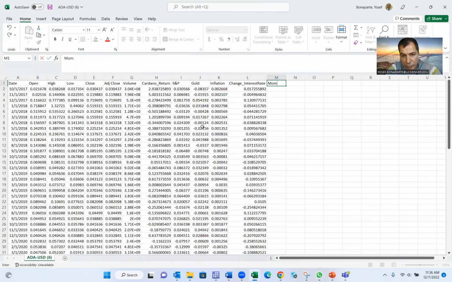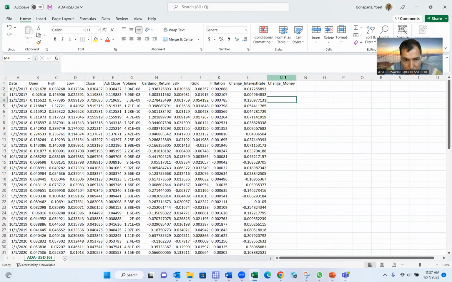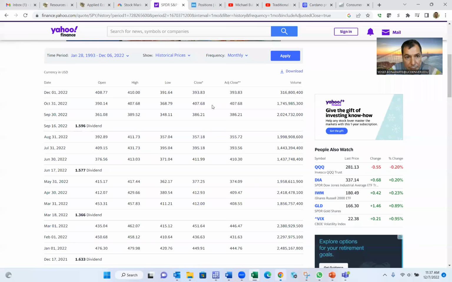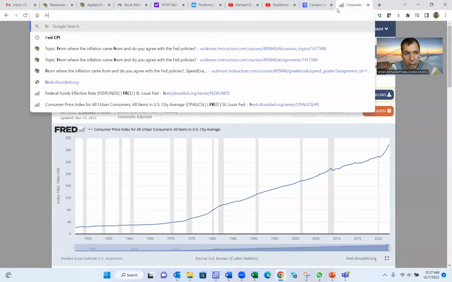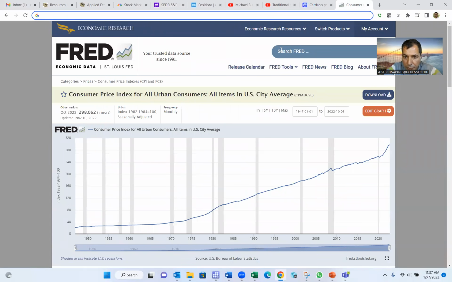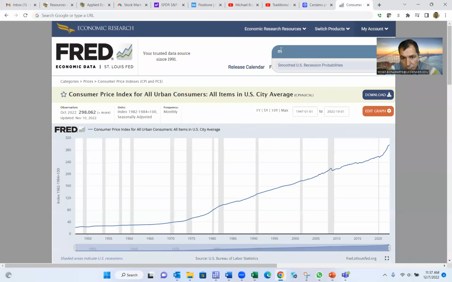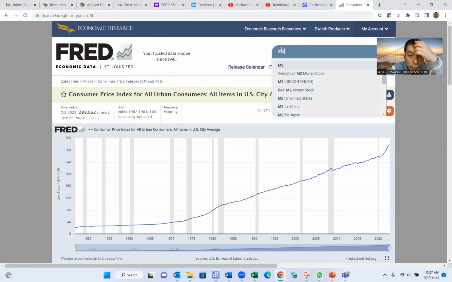What is left is money supply. I call it change in money. And the money supply from Fred. All what you have to do actually go M2 here, right? M2. That's a money supply.